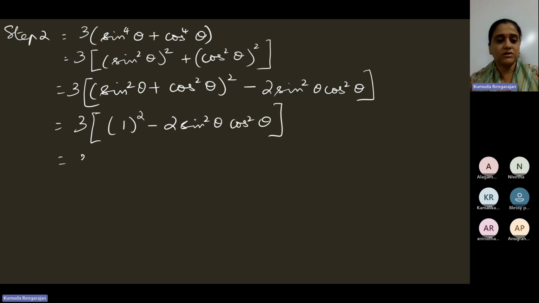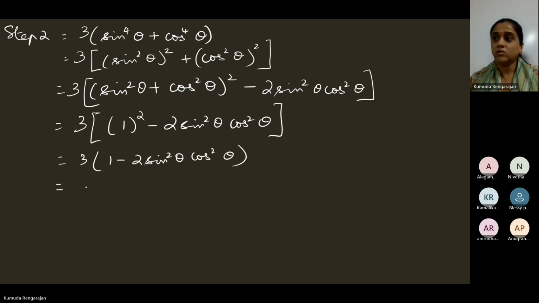So this is nothing but 3 into 1 minus 2 sine square theta cos square theta. Open the bracket. So you'll have 3 minus 6 sine square theta cos square theta.